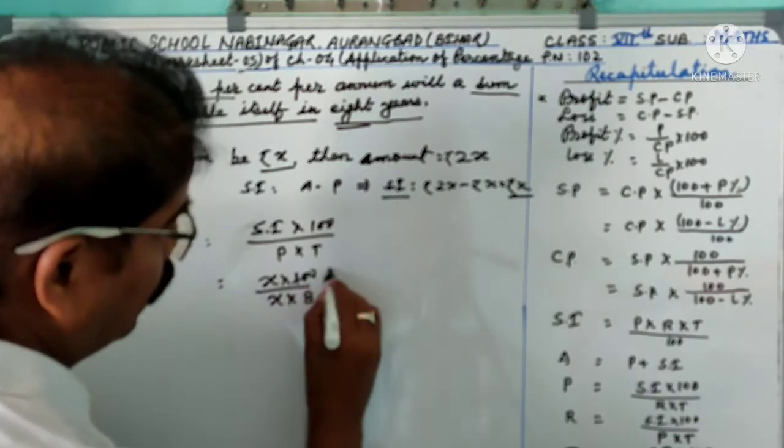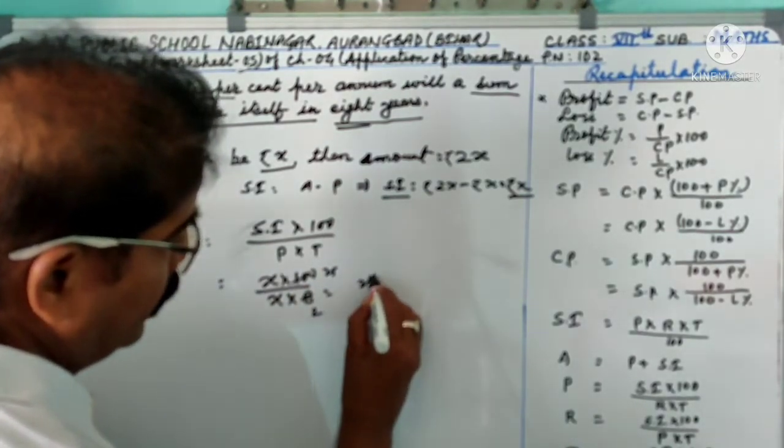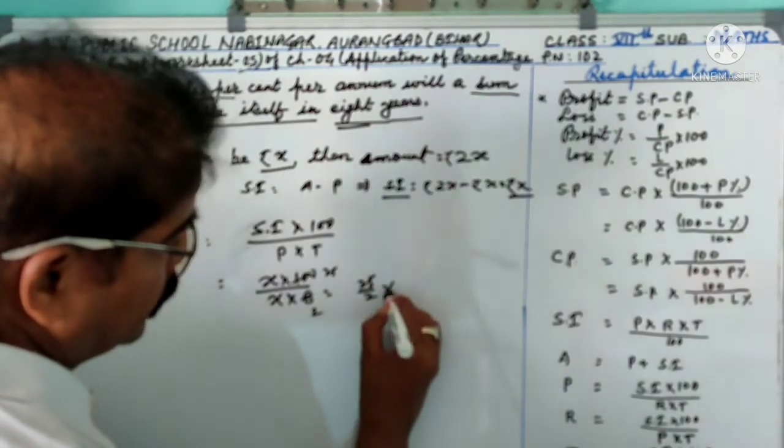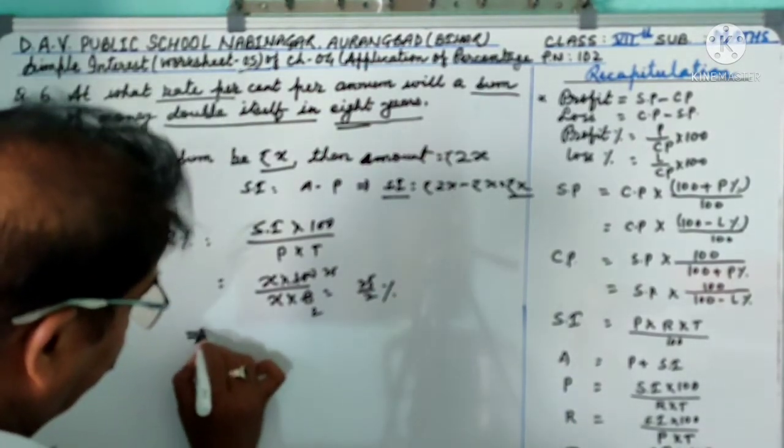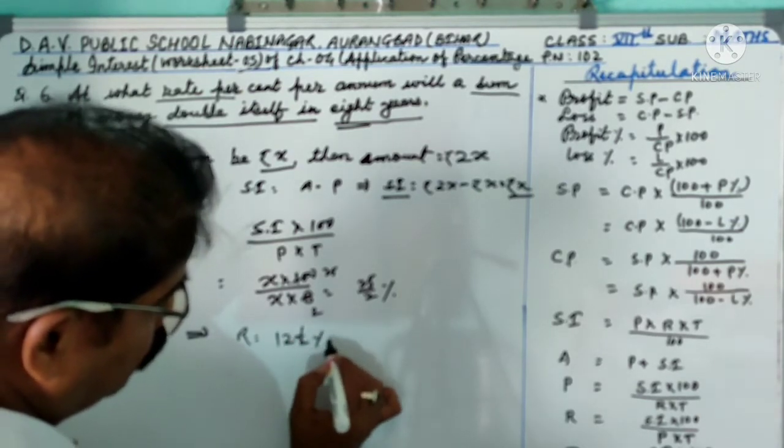So 25 by 2%, that is rate equals 12 and 1 by 2%.